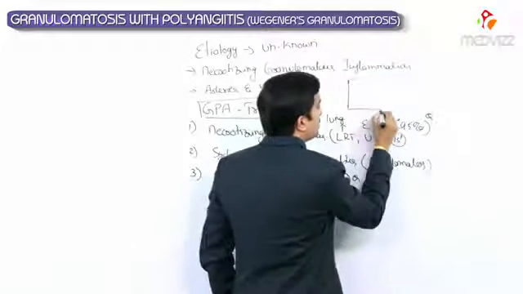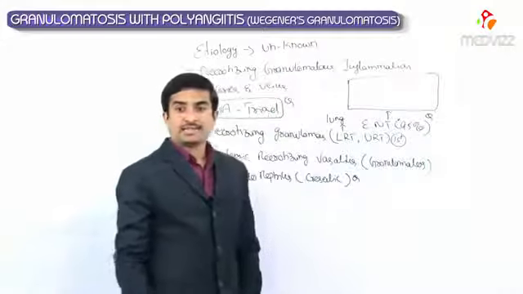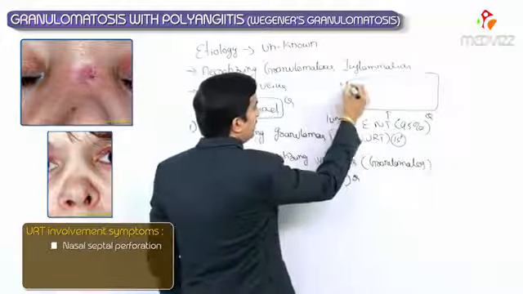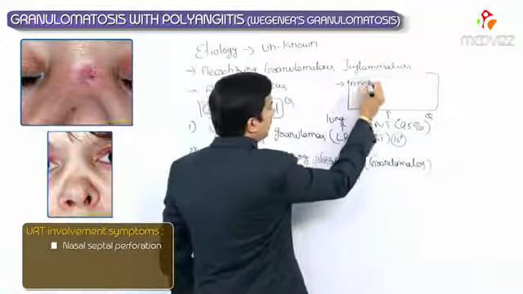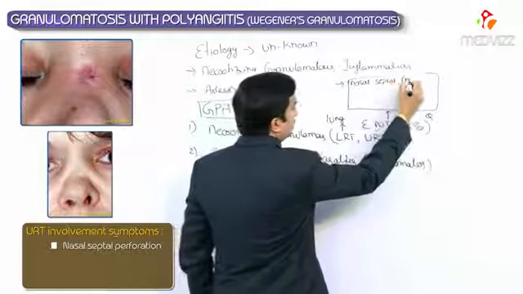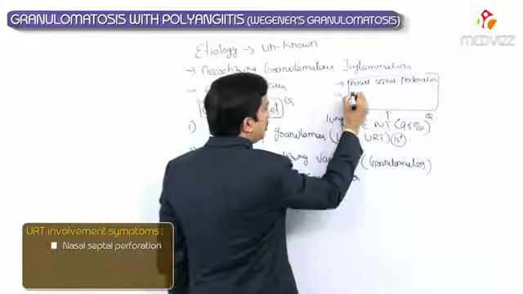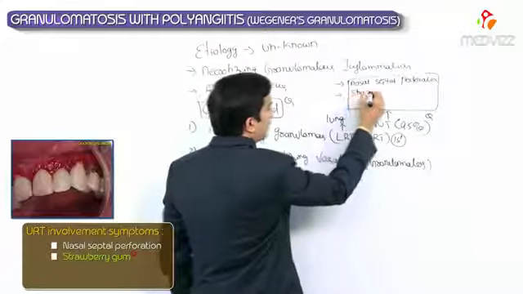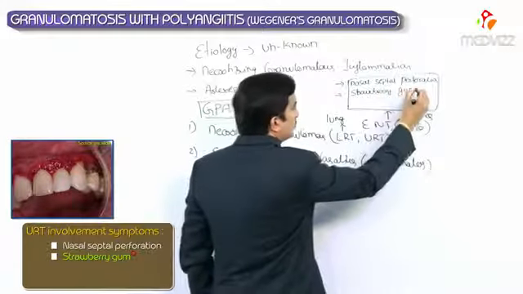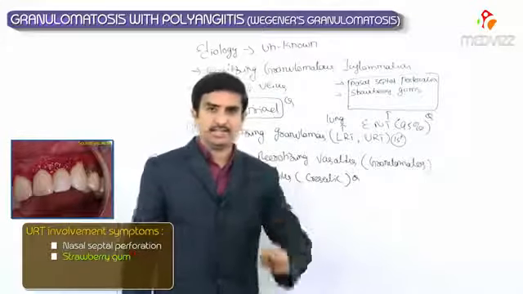Important features: involvement of the upper respiratory tract causes nasal septal perforation. Second is strawberry gums. We studied strawberry tongue in Kawasaki disease.